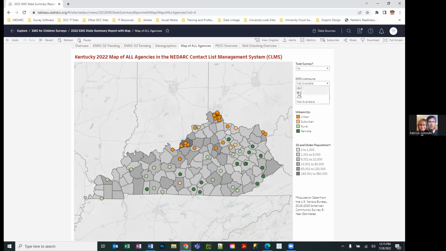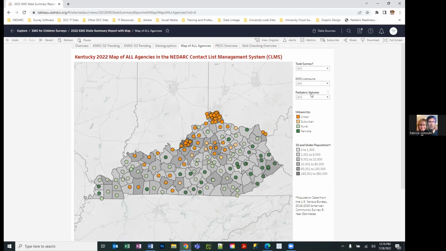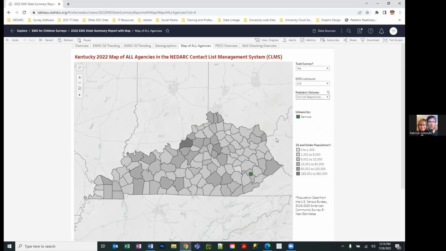So if we want to find out who those 3 BLS agencies are in Kentucky, we can see where they are. And we have 2 urban and a rural over here, a remote, sorry. And I'm going to go ahead and clear that filter. You can also look at your pediatric volume, and it does have did not respond to the question. So this is that one person who didn't answer it, and you can find out who they are by rolling over that dot.